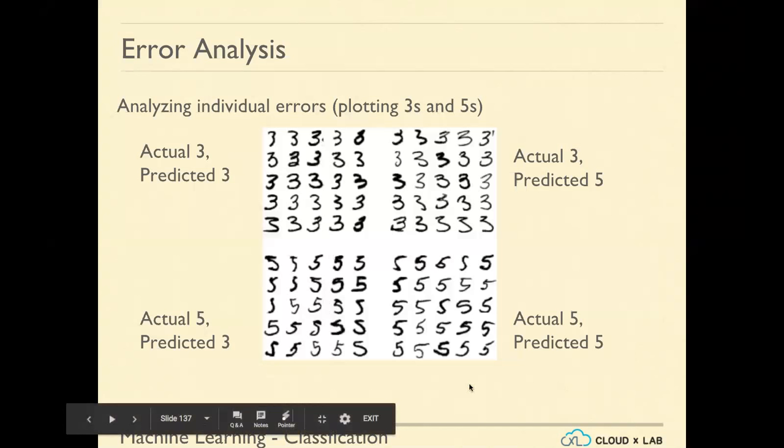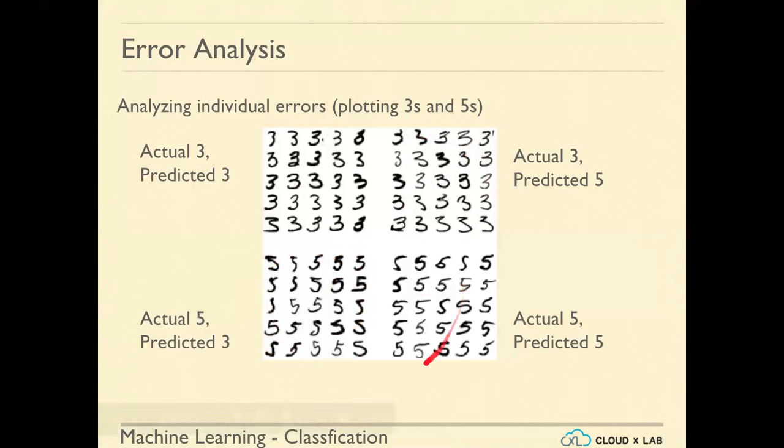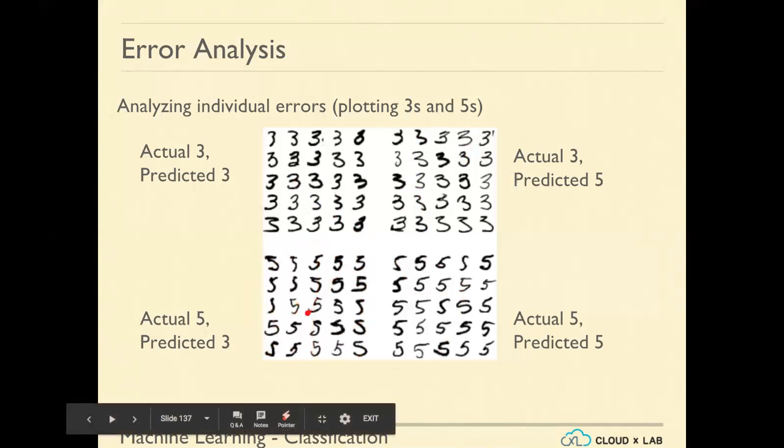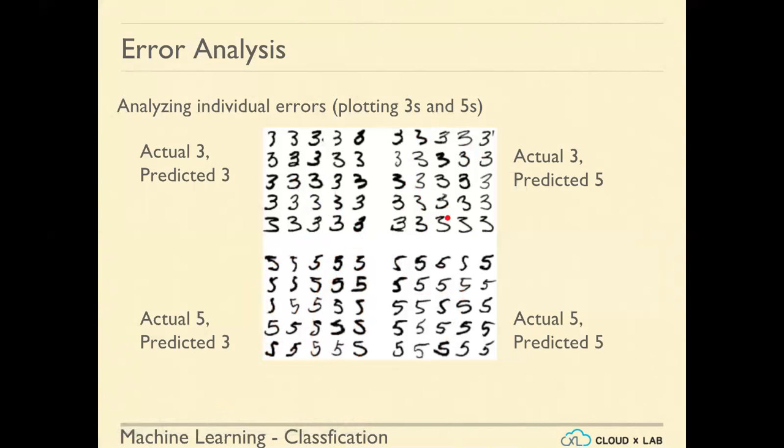You can see that this and this are actually wrong ones, while this and this are correct ones. So these were classified as 3, these were classified as 5.